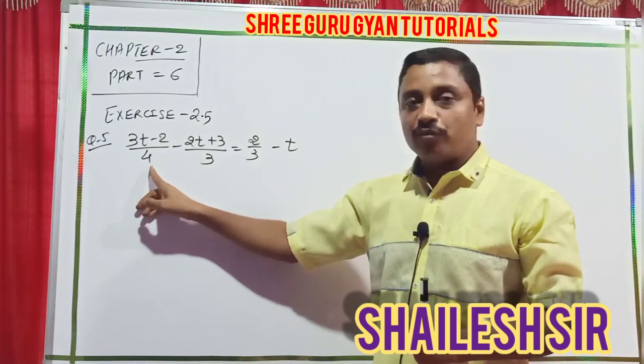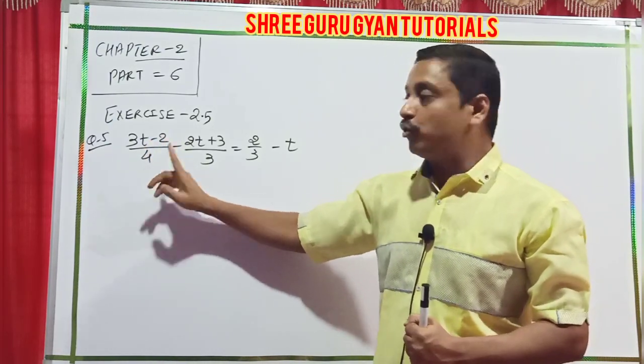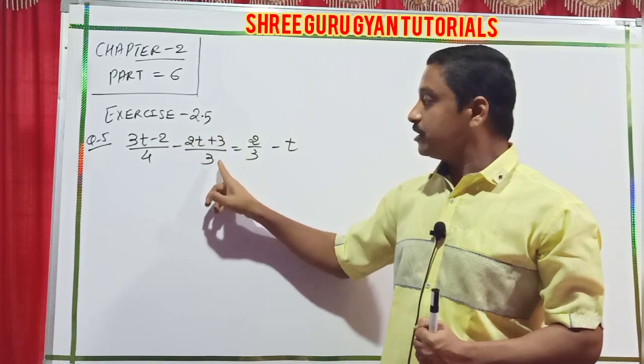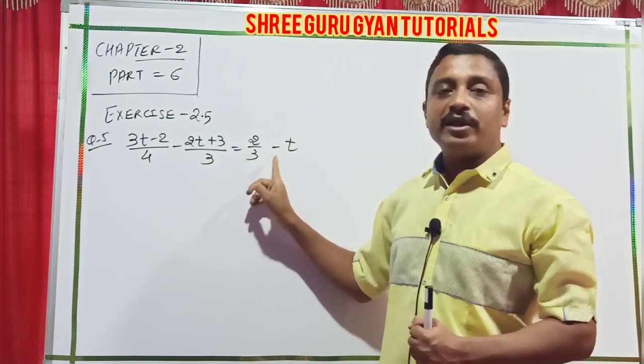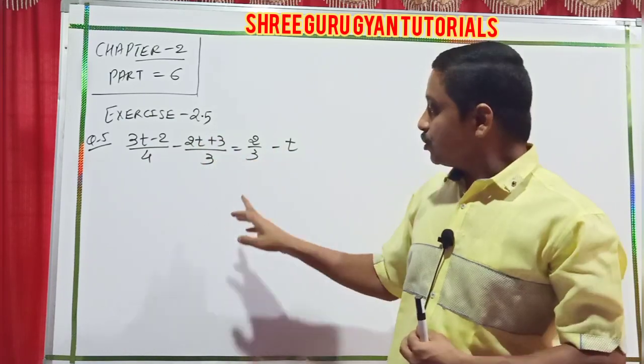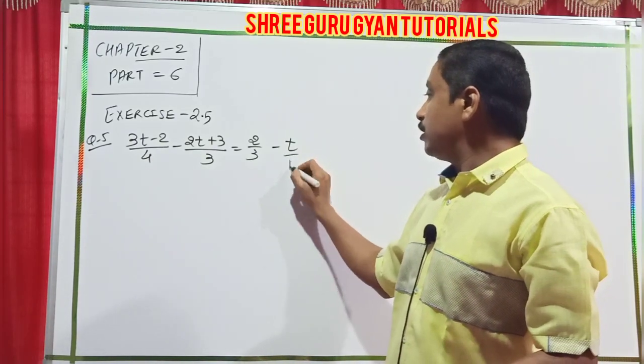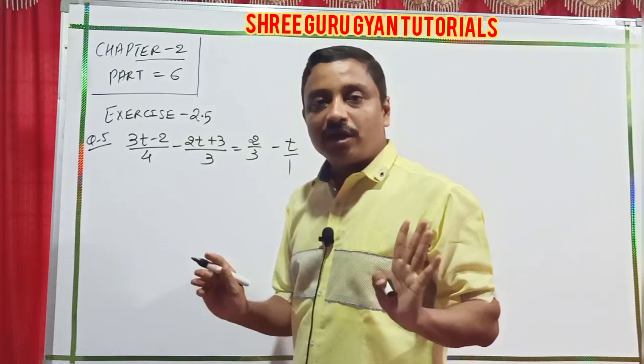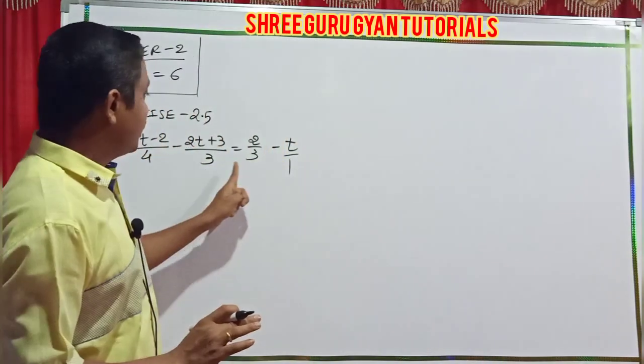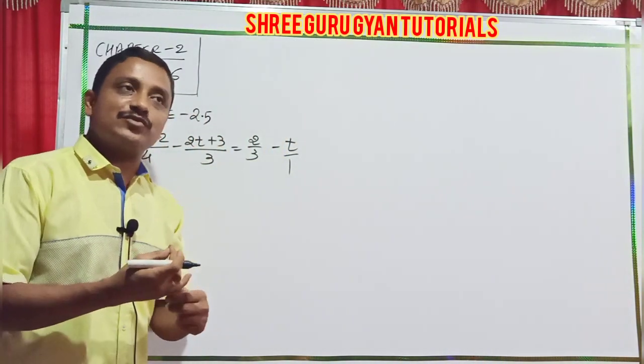(2t minus 2) by 4, (3t minus 2) by 4 minus (2t plus 3) by 3 and 2 by 3 minus t. Students, here also 3, 3 and 4. Take out the LCM, and here there is nothing, so you take 1. What is the LCM of 4, 3, 3 and 1? Yes, it is 12.